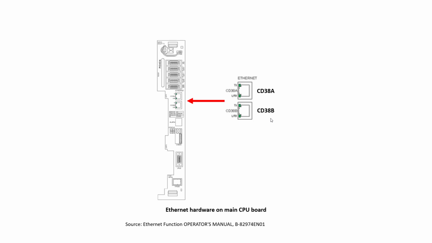Also, you're going to see there is another connector on the bottom of the board. I'm not sure if that's showing on this picture in here, but maybe this one in here. So this connector is for the camera. Don't connect your Ethernet network over here, it's not going to work. In a normal case scenario, you're going to have a PLC connected to the robot, and also you might have the plant network connected to the robot.